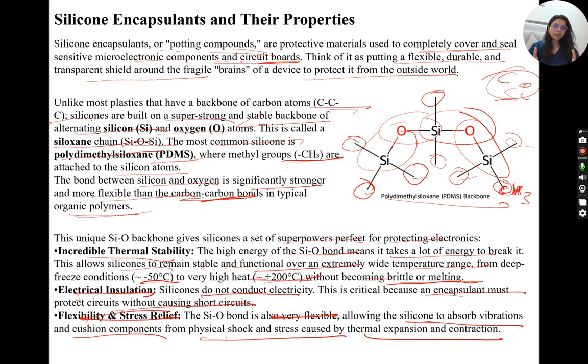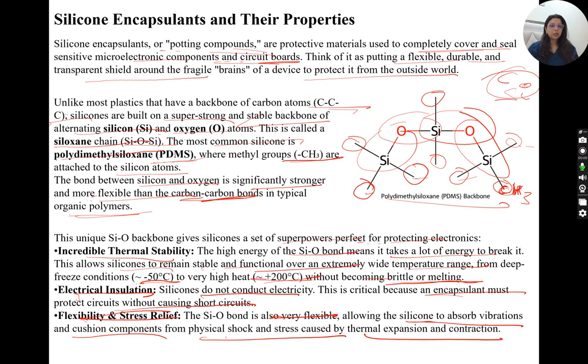If you look at railway tracks, there is a gap between the two iron rods. Because of thermal expansion, if the iron rod expands, the gap between them can take that expansion, or that contraction. That's how these flexible, stress-relieving polymers for coatings can be used. Because of their flexible nature, they can take the physical shock and stress caused by thermal expansion or contraction. So this is an important property of such polymers.